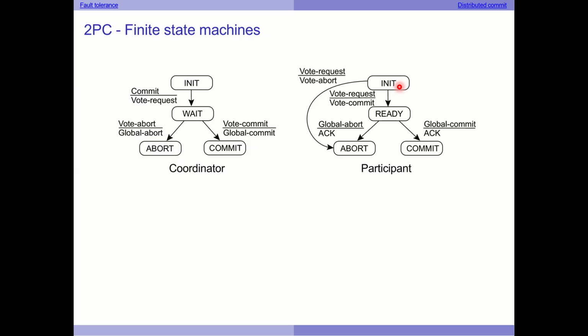Now under ready, which is the most important state for the participant, the participant will start locking the database, and if they vote yes to the coordinator, they are already legally bound to the decision. And then if yes, it will move to global commit. But if they vote abort, they move to the state based on the coordinator's message for global abort.